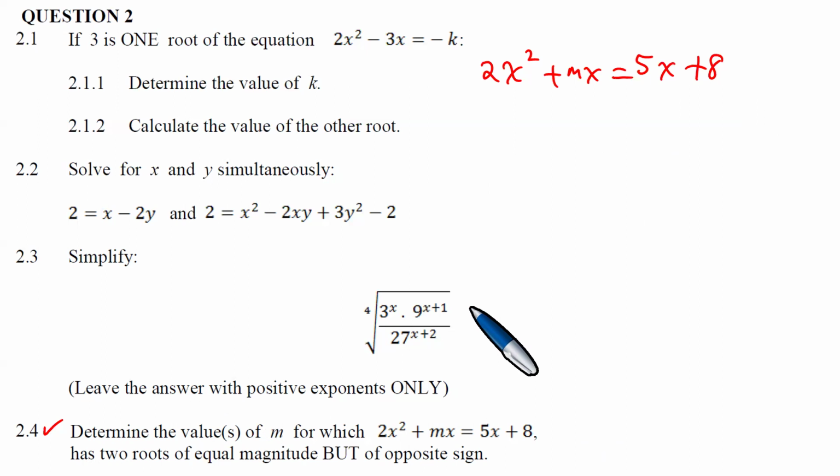Anyone? Anyone home? So we need to determine the values of m for which 2x squared plus mx is equal to 5x plus 8 has 2 roots of equal magnitude but opposite what?